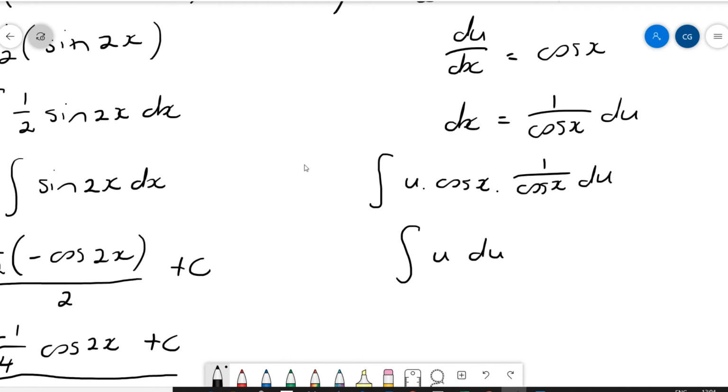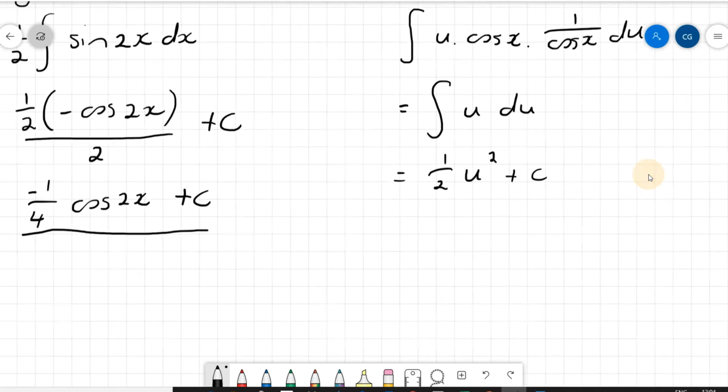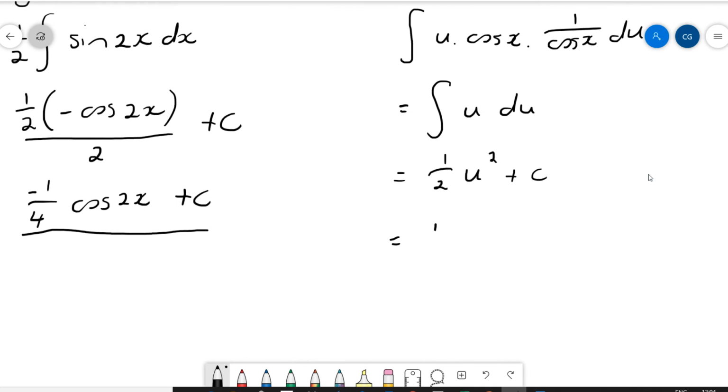And if we integrate this, we get a half u squared plus c. But since we used substitution, we have to substitute back in the value for u, which in this case would be a half sine squared of x plus c. So this would be the answer if we had used integration by substitution.